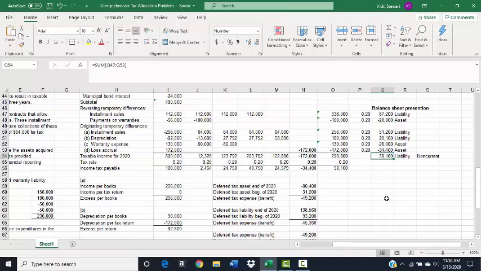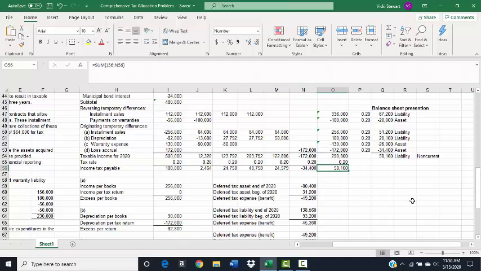So to get the actual net amount to report on the balance sheet, we net all of these together and it still comes out to be a net deferred tax liability, and that would be shown on the balance sheet as non-current. And if you notice, when we schedule out the reversing amounts in the future and multiply those by 20%, we get the same number.